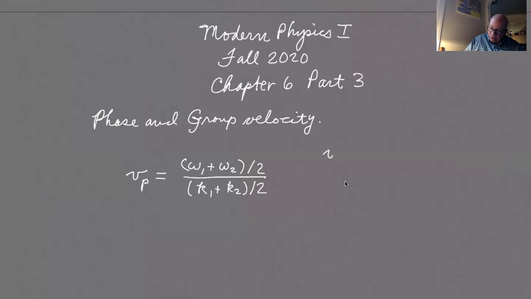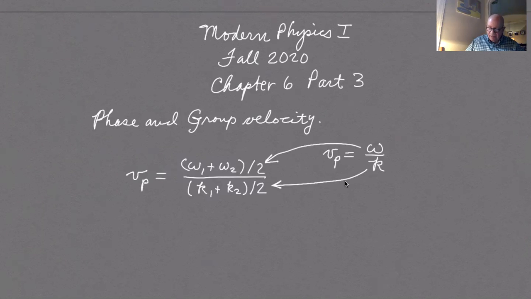Recall that the phase velocity is omega over k, which in this case would have been omega 1 plus omega 2 over 2, with k being k1 plus k2 over 2. And if you go back to the sum of those two waves, you'll see that this is the high frequency component.